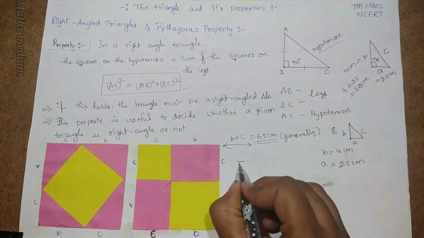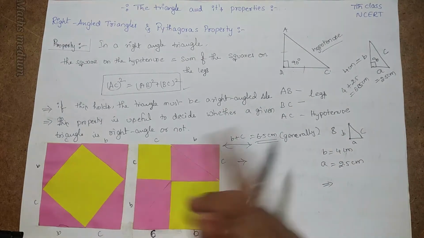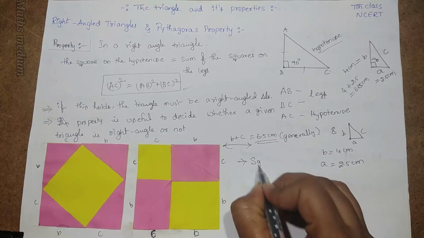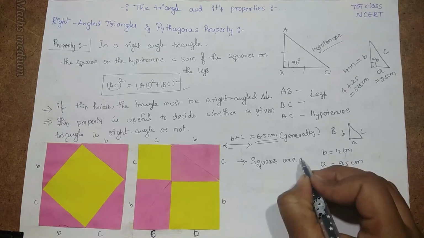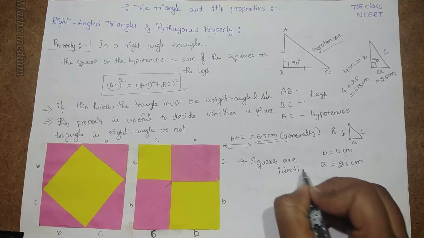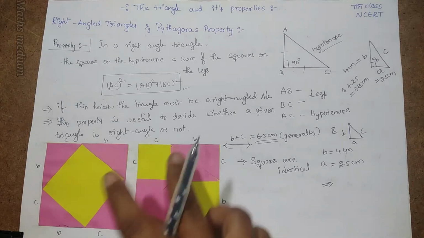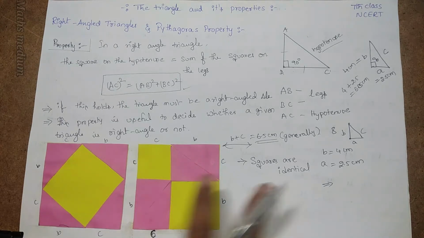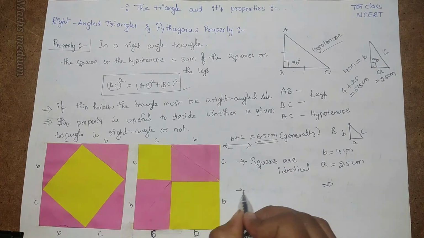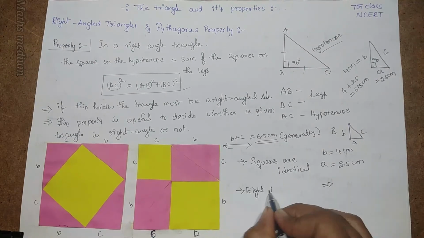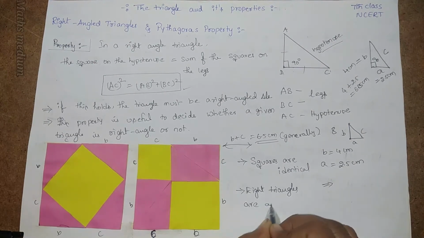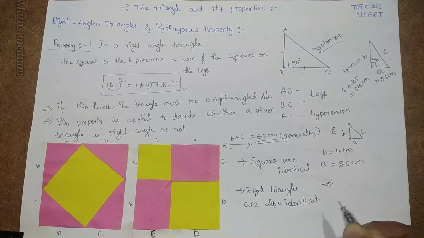Now two things I want to tell from this. Here the squares are identical, right? Here we took all sides equal with the two identical squares, and the second thing is the 8 triangles we took are also identical.